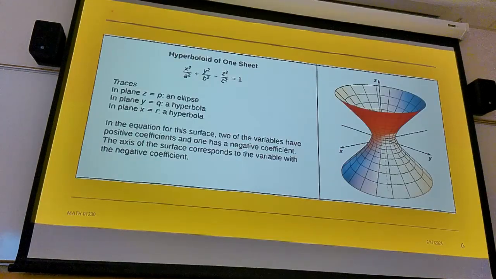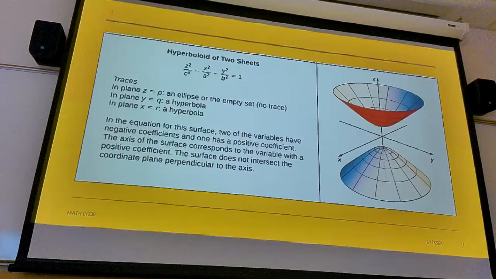In this case, the axis is the axis that corresponds to the positive variable. Those three all had relations equal to 1.